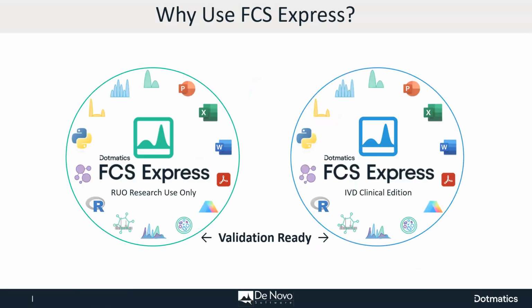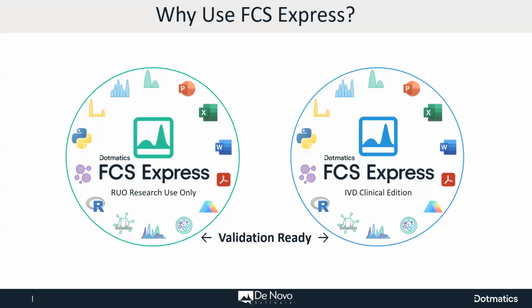The other thing that makes FCS Express special is that we have two or three flavors of the software. We have the FCS Express RUO, Research Use Only Edition. We also have the FCS Express IVD Clinical Edition. And we have something that works between them that we call Validation Ready. I'm going to talk more about Validation Ready. But essentially, with our clinical edition, the product is listed with the FDA for IVD use.